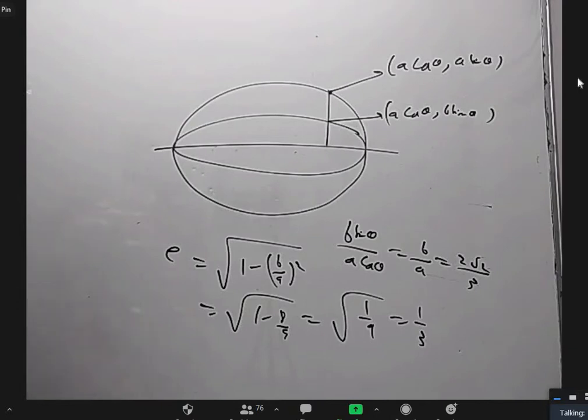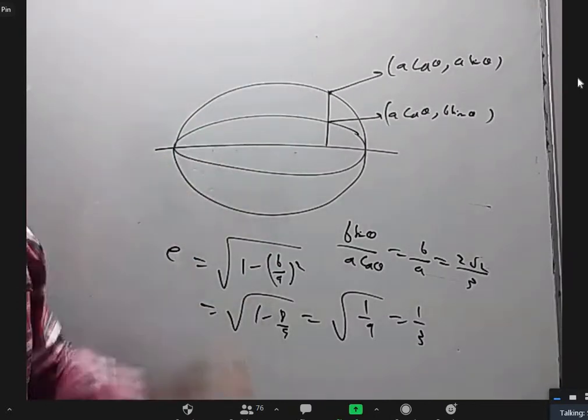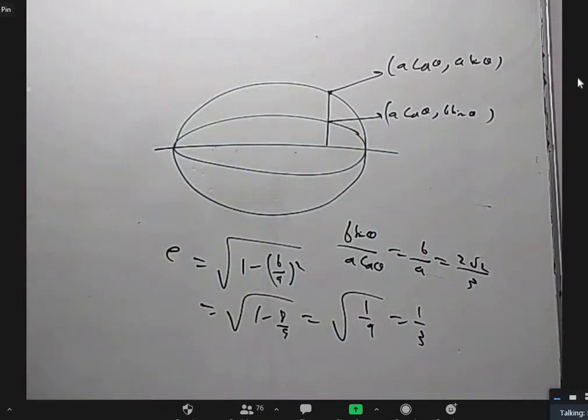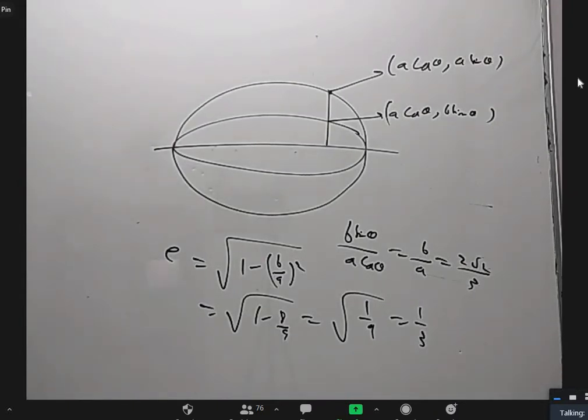Okay. And ordinate means y coordinate. That's all. And I even said how the ellipse is obtained: you take the auxiliary circle and compress it with the ratio b by a, right? So this 2 root 2 by 3 is that compression ratio. Sir, that must be a sin theta.